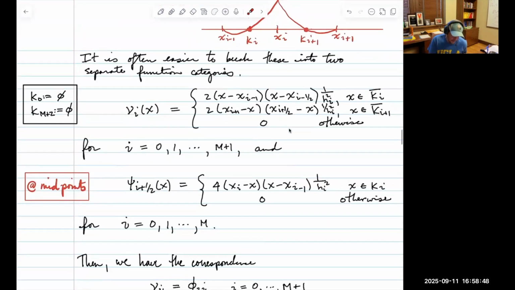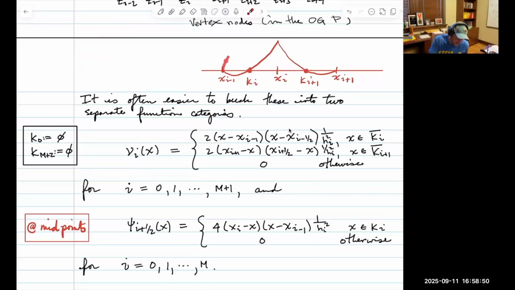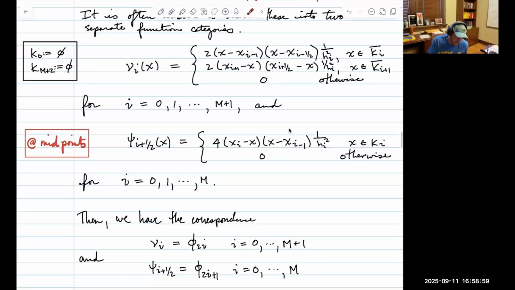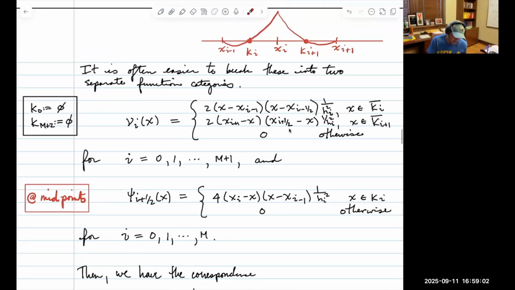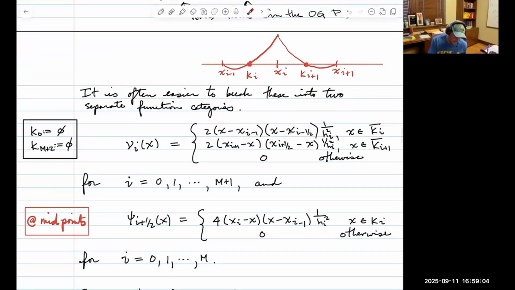Now what about the bubble functions? Remember, the bubble functions are just these kinds of functions. Let's go back to our little picture here. The bubble function should be, let's draw those in blue maybe, defined on this interval k_i generically.